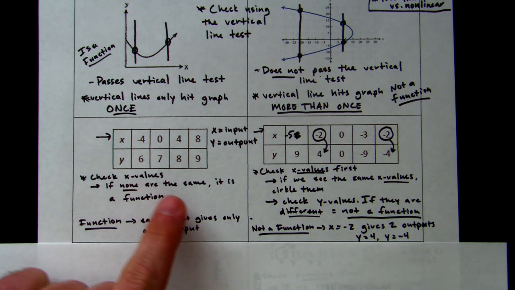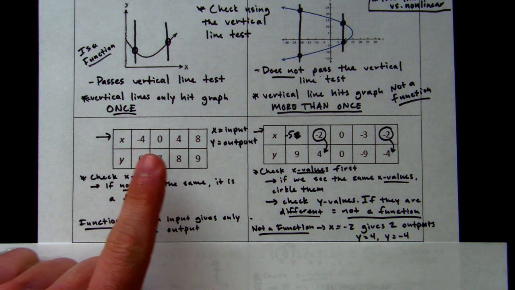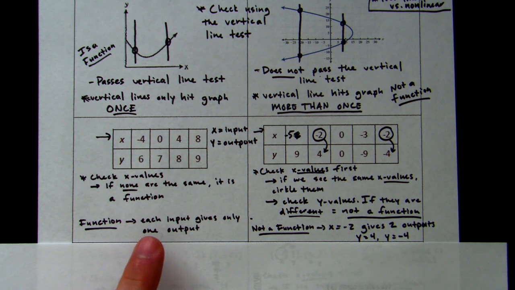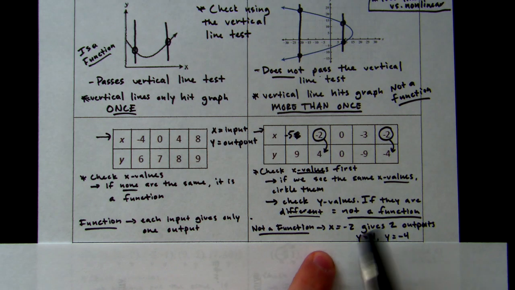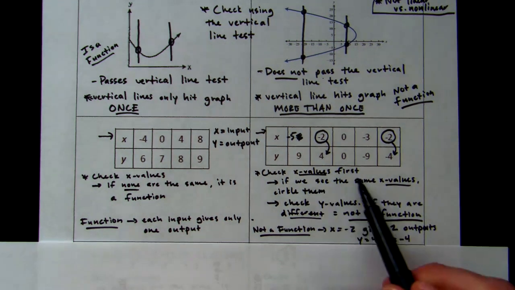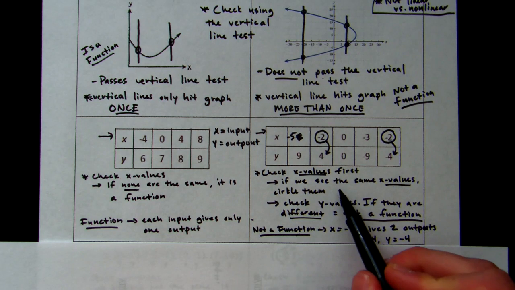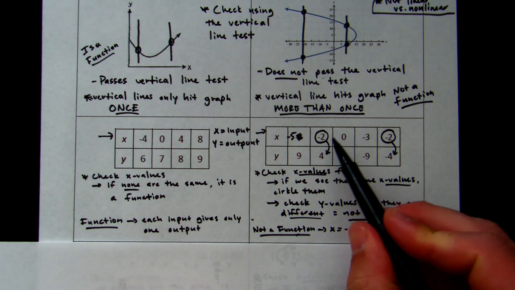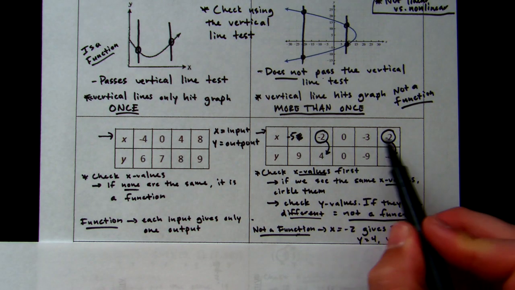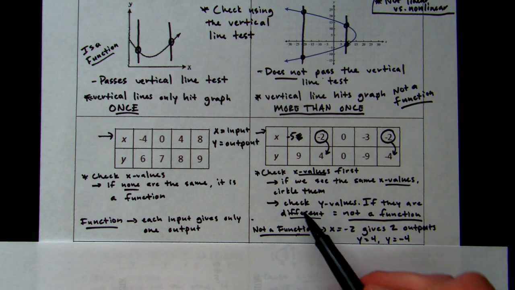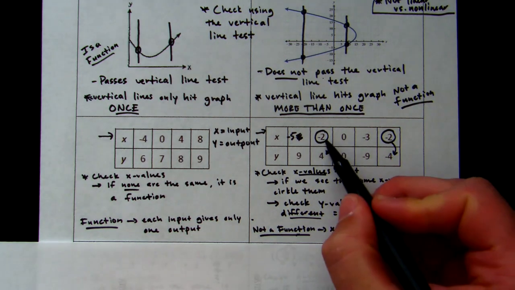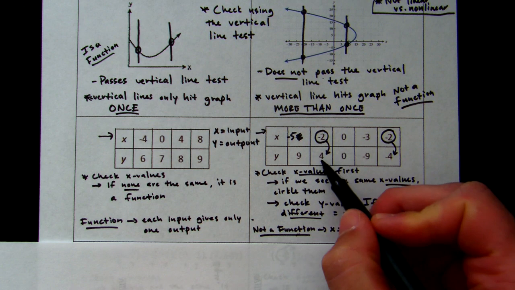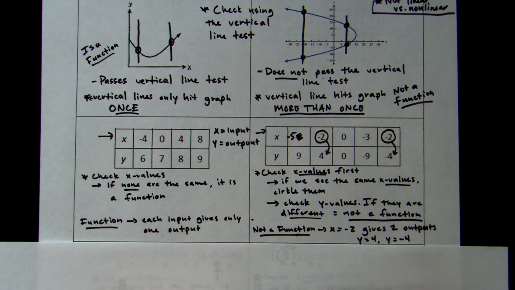So if none of the x values are the same, they're all different, it's a function because each input gives one output. Now, if we check the x values first and we see the same x values, we circle them just like I did here. We circle -2 and -2. Now, we check our y values, which I did with the arrow. So this -2 gives a +4. This -2 gives a -4.